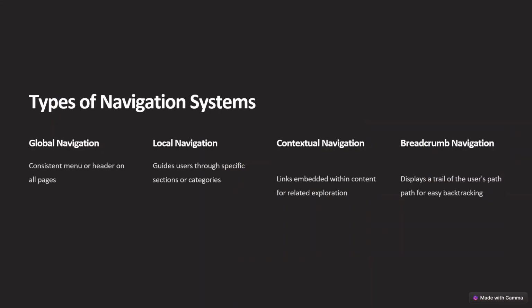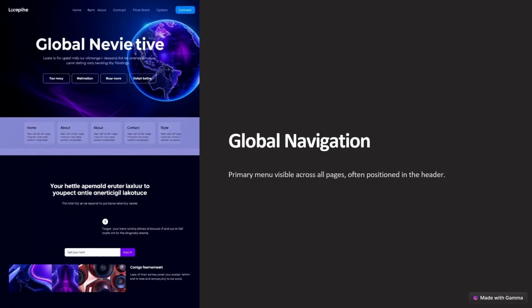The four main types of navigation system are the global navigation system, local navigation system, contextual navigation system, and breadcrumb navigation. We first look at the global navigation system. The global navigation system is the primary menu visible across all pages, often positioned in the header.